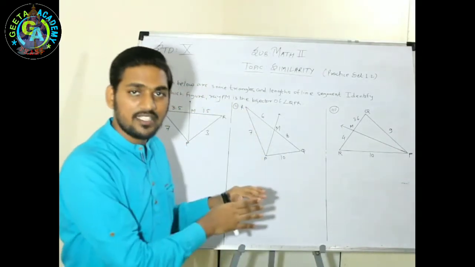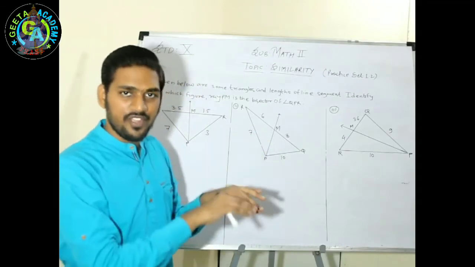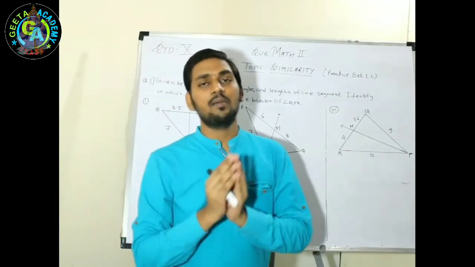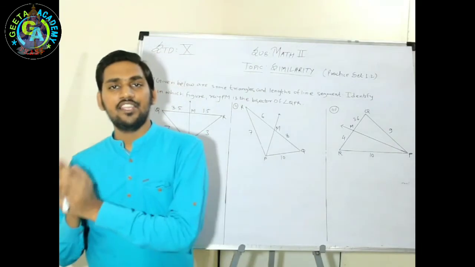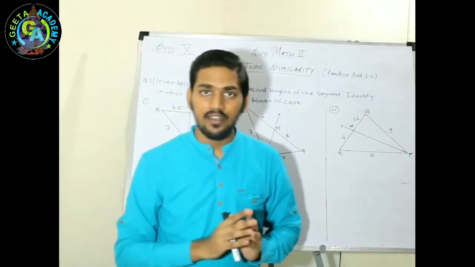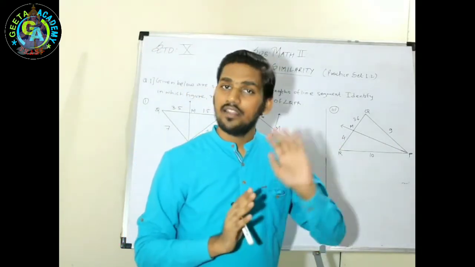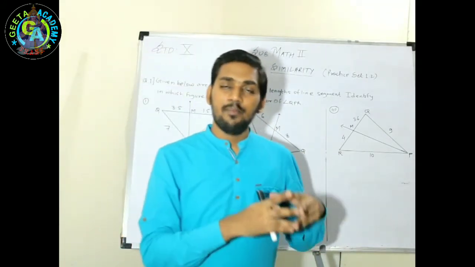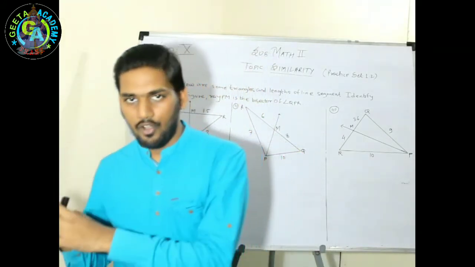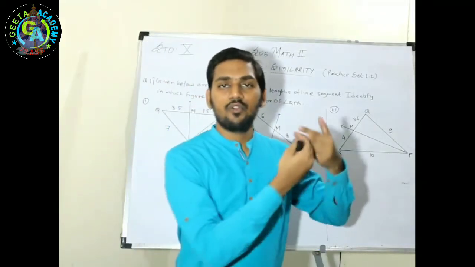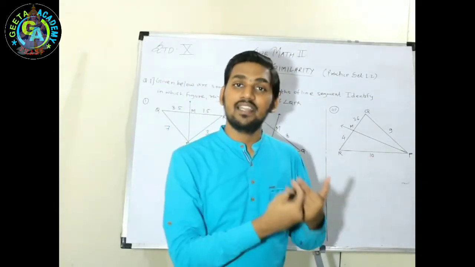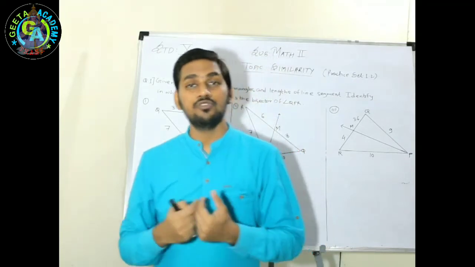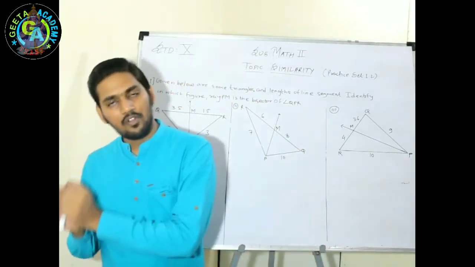Here your question is asking in which figure ray PM is the bisector of angle QPR. Here the angle bisector is not given. We have to identify in which figure ray PM is the bisector or not. So we will use the property of the angle bisector only.